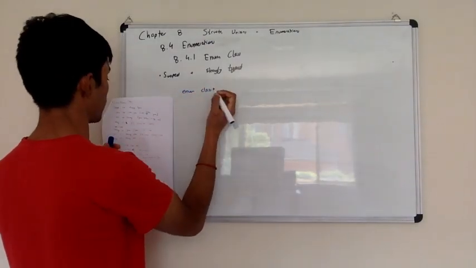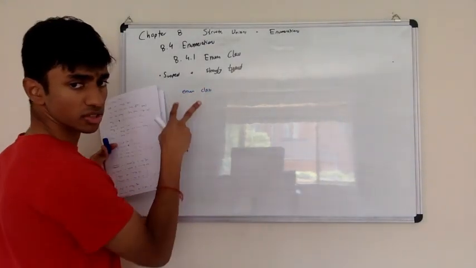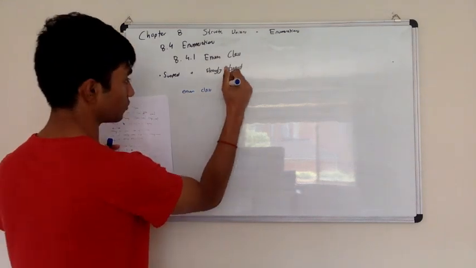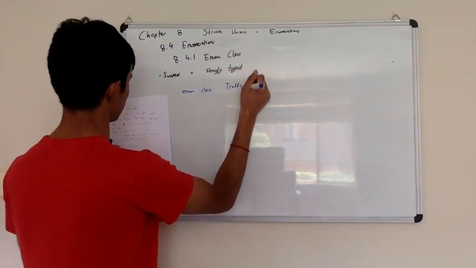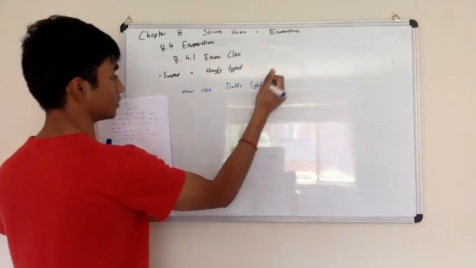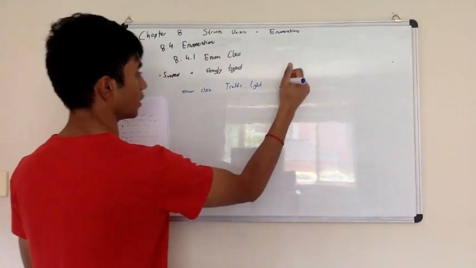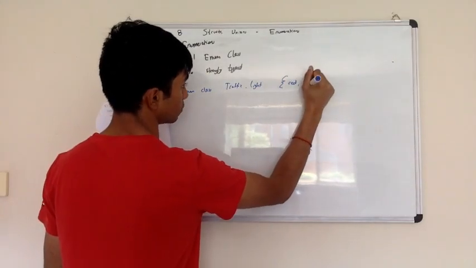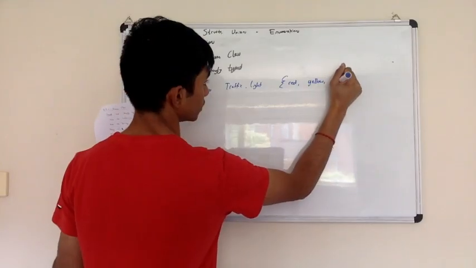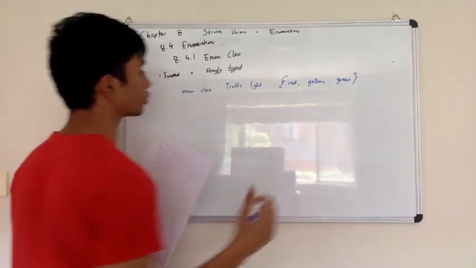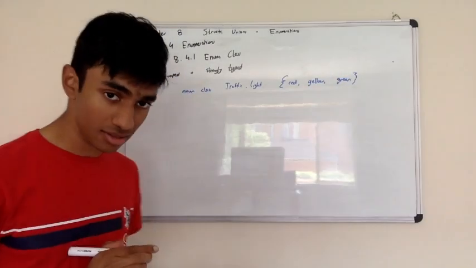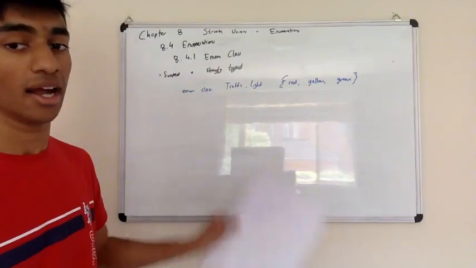The way this works is kind of similar to struct at the start. We say enum class, two words. We give the name, like TrafficLight, and then in squiggly brackets we give the enumerators, the actual names of our values: red, yellow, green. And the idea is, if you're going to create a variable of type TrafficLight, the values that variable can take are either red, yellow, or green.